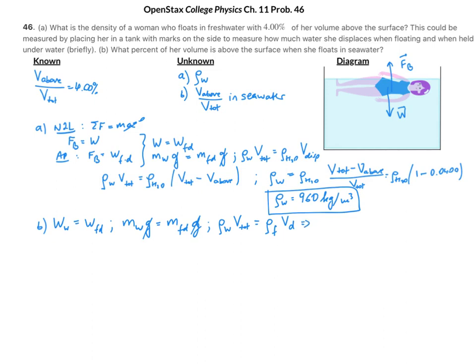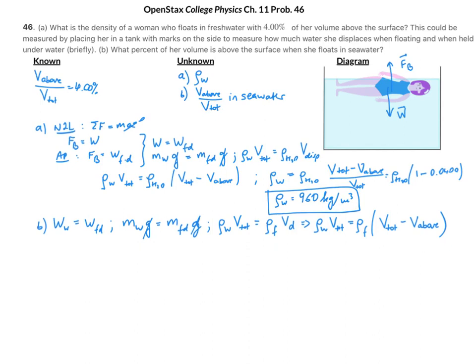So that means that density of the woman times volume total will be equal to the density of the fluid, and the volume displaced is the woman's total volume minus what is above the water. So volume displaced is this much. Volume above is that much. So the sum of this volume and that volume is the entire volume of the woman.